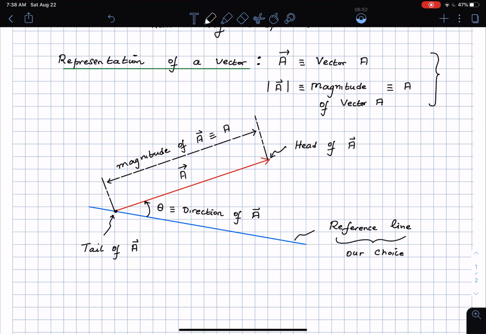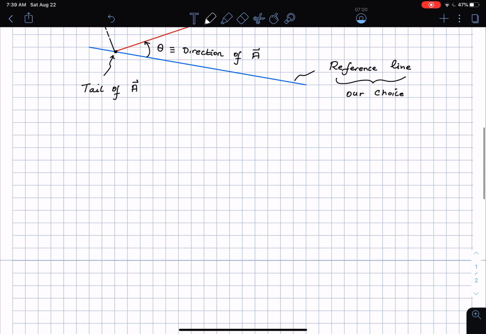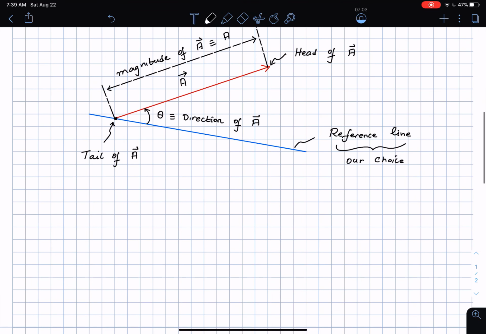All right, one thing that I want to mention before I go on to the next concept talk, which is the addition of vectors, is what happens when you multiply a vector and a scalar. Okay, so scalar multiplication of a vector. Let's say I take a scalar, and let me call that quantity little a.